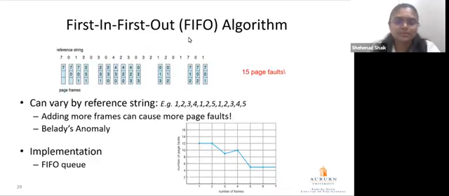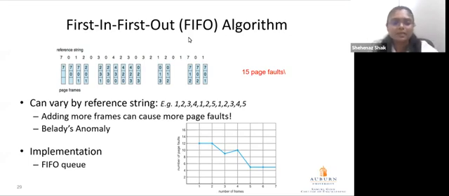We have also discussed several approaches to identify one of the victim frames which need to be replaced when we do not have a free frame which can accommodate the incoming page that is being brought in from the backend store.